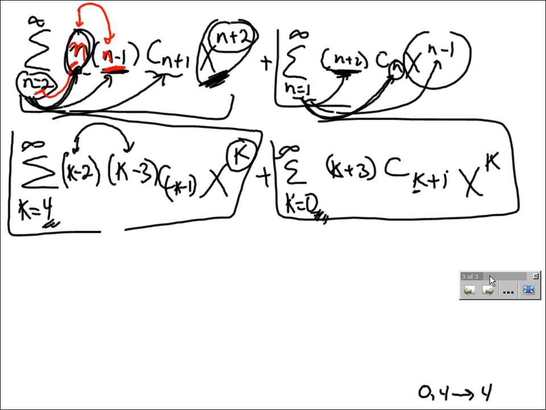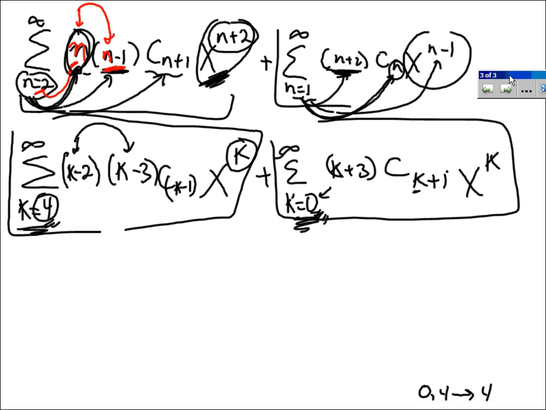So we want to write both of these summation signs starting at 4. That one isn't starting at 4, but nonetheless, we're going to write it starting at 4. So that means that we're going to be leaving off some terms, like when k is 0 and 1 and 2 and 3.